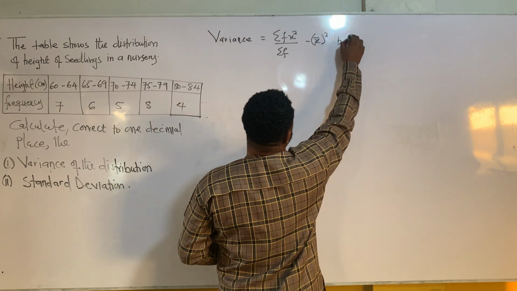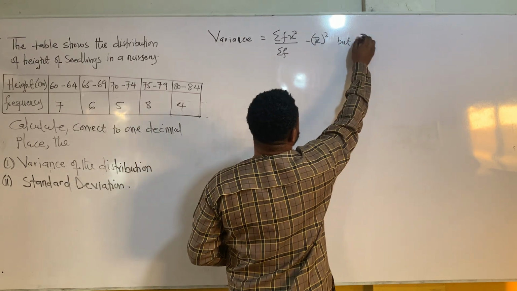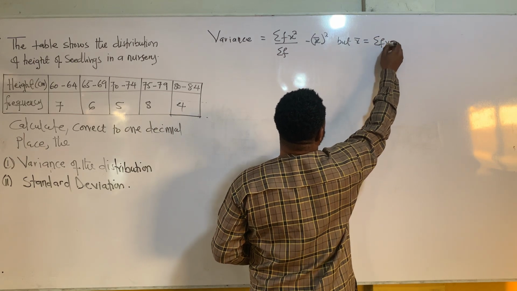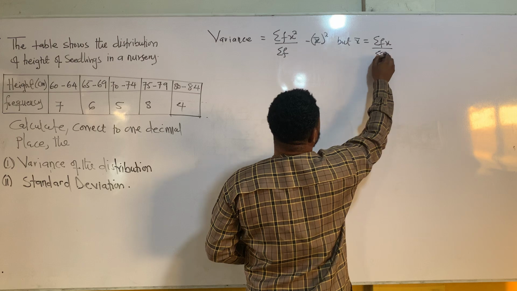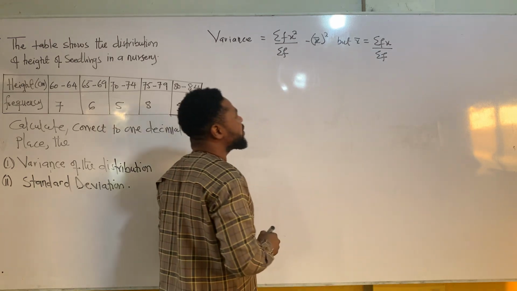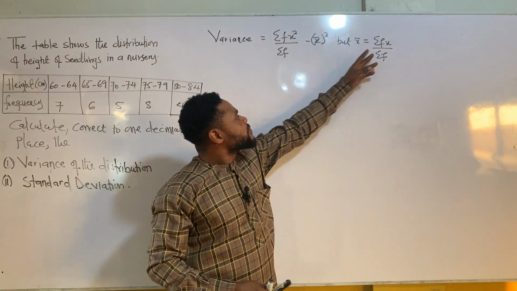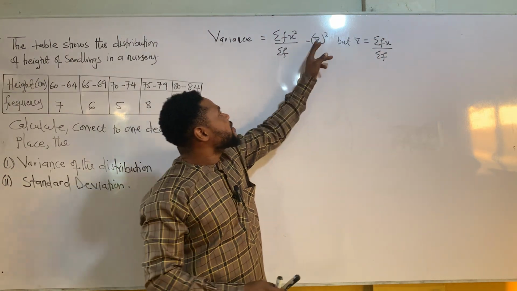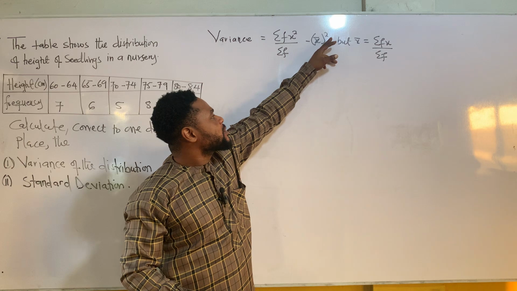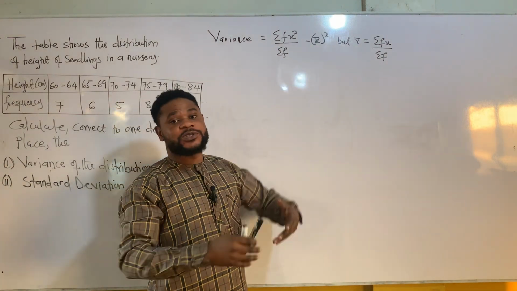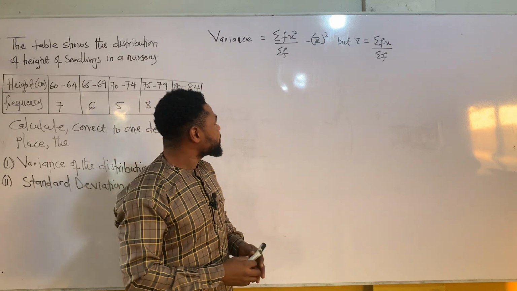But our mean can be given as summation of f of x over summation of f. So instead of rewriting this, we can carry this and fix it here, all squared. All right, let's see how we can use this formula to construct the table.